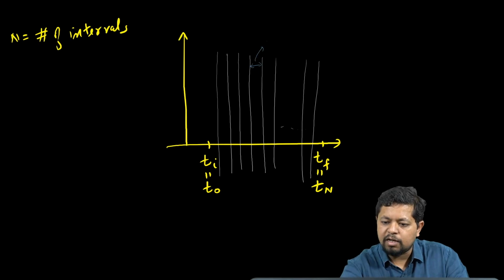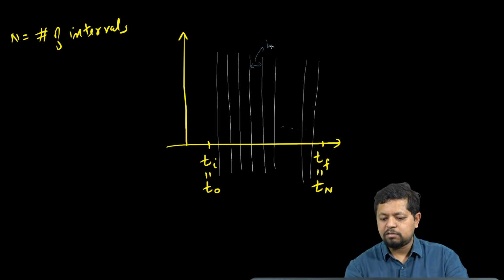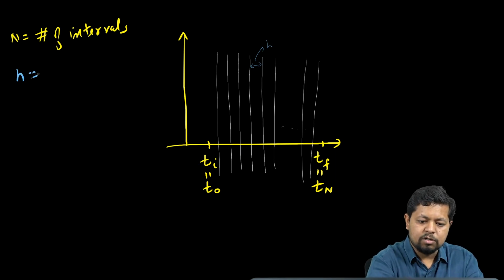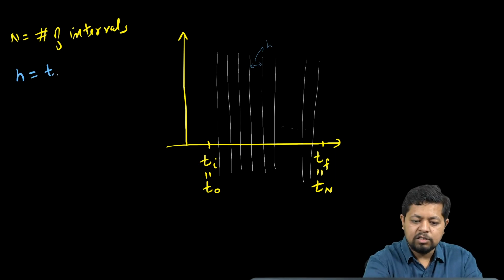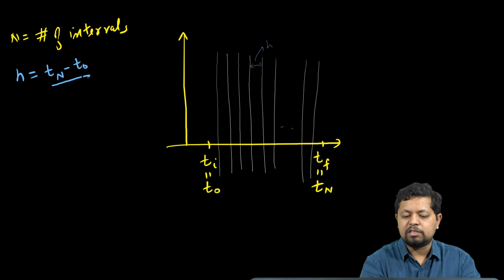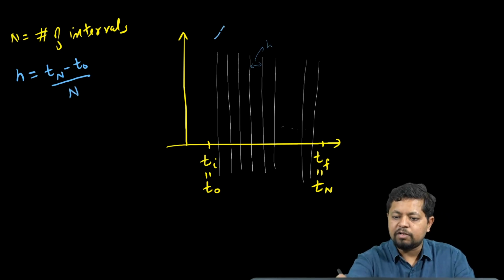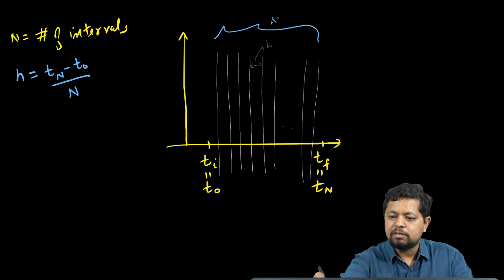This width I'm going to call h, that is, h is equal to tn minus t0, or tf minus ti, divided by n. So the total number of intervals I have over here is n intervals.